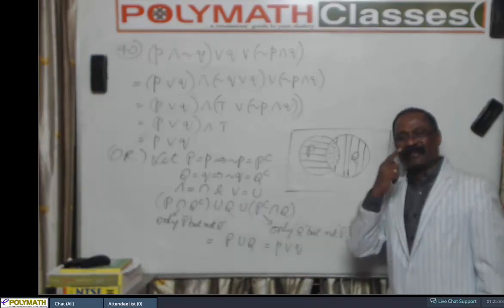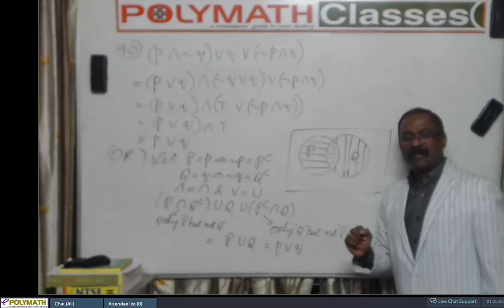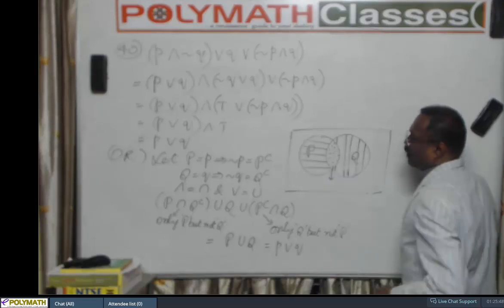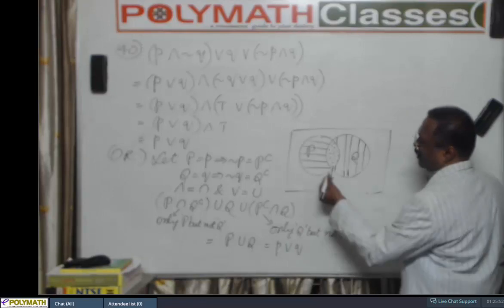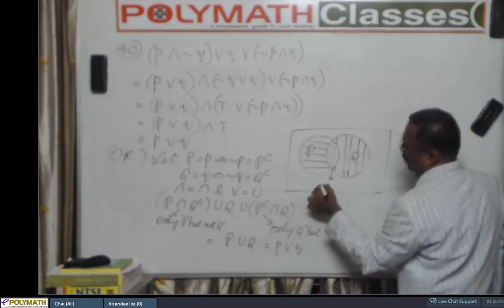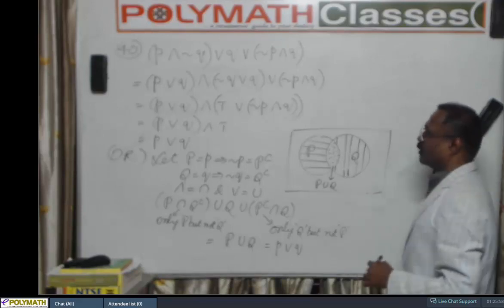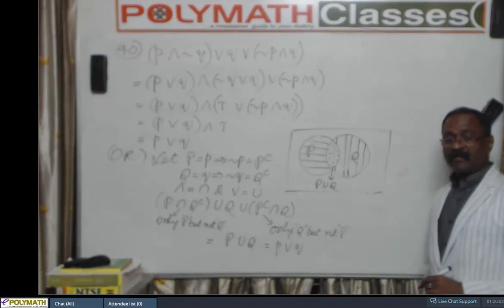Union Q is given. Union means or over or. So that is the reason why this part will also be included, because union Q is given, and hence the final result will be P union Q. We can understand like that using the Venn diagram.